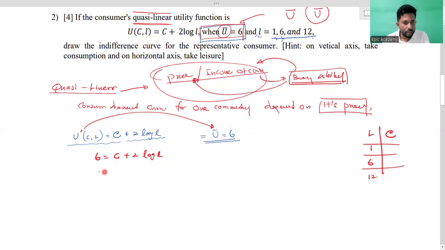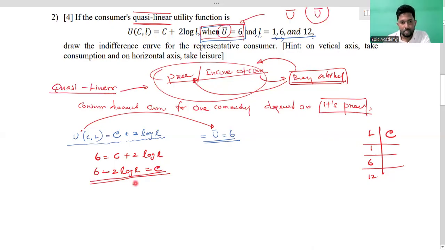That means 6, then you take this part to the left side: 6 minus 2 log L equals C. It is easy to calculate, that is why I put it.